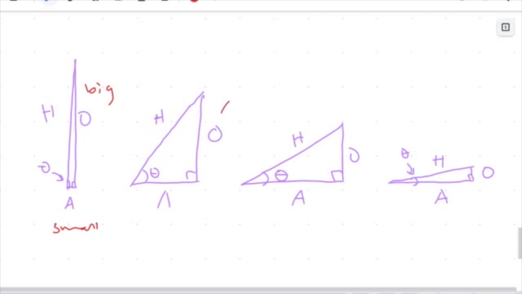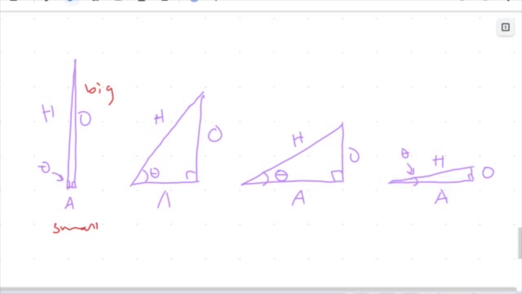Here, my opposite gets smaller, but it's still a bit bigger, so the ratio is going to be different. And as I go here, my opposite keeps getting smaller, and my adjacent gets bigger. Finally, my opposite is at its smallest, my adjacent is at its biggest.